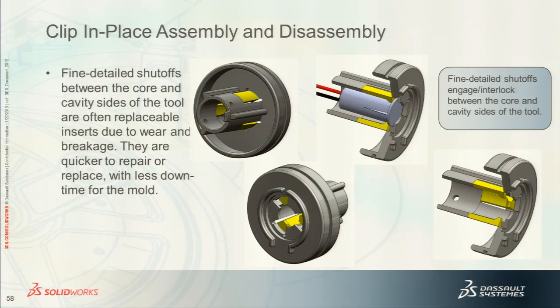That way, if they do snap and break, it would be a minimum amount of time that the tool would be down. You just go in, replace the inserts, rather than trying to cut out a whole portion of your tool and re-burn it in. So put in the service feature right at the beginning of the mold design, and you'll spend less time with your tool in the tool room.